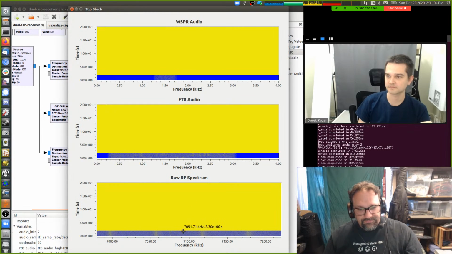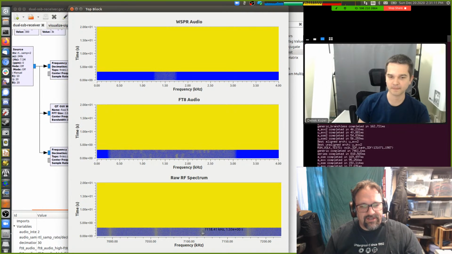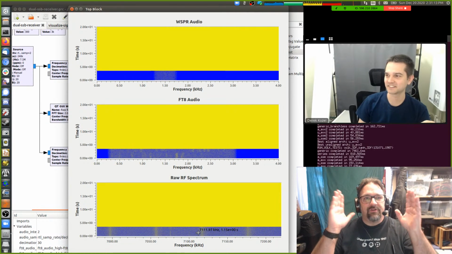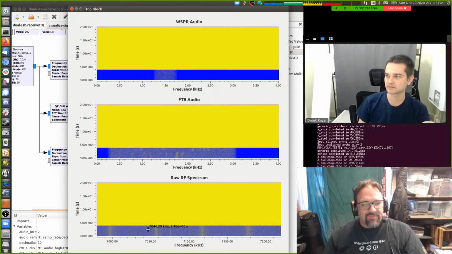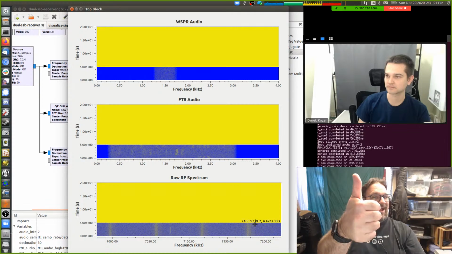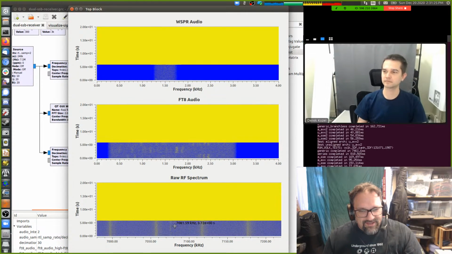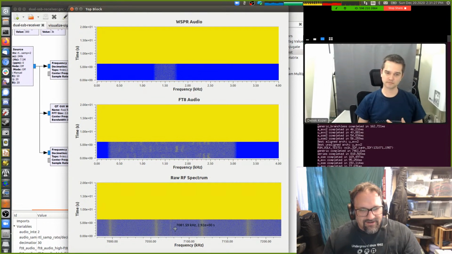But here's the input. My neighbors have whatever it is that's generating that hash turned on. So here's the wide 240 kilohertz of audio, and you can see those hashes very evenly spaced. Here's RF noise. But you can also very clearly see here's the FT8 section right here.